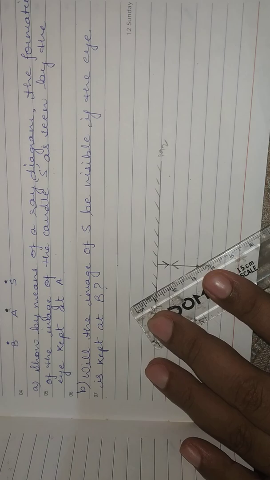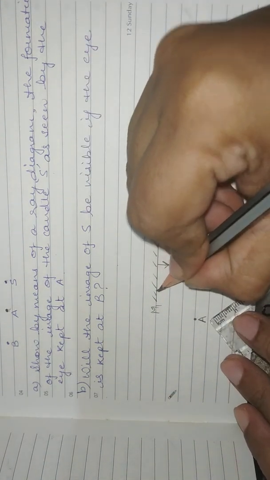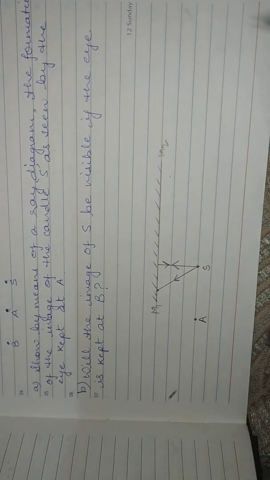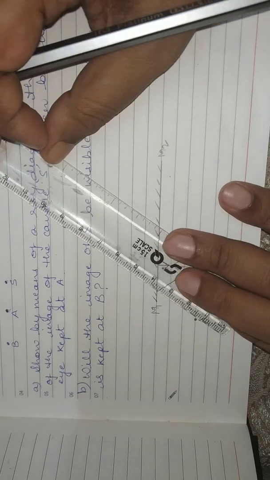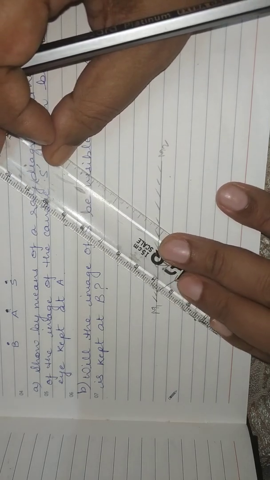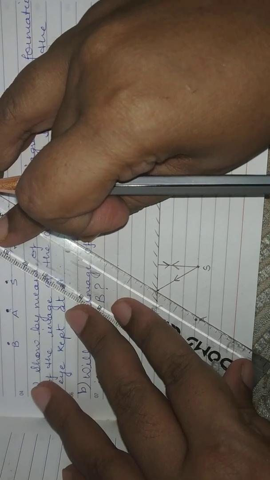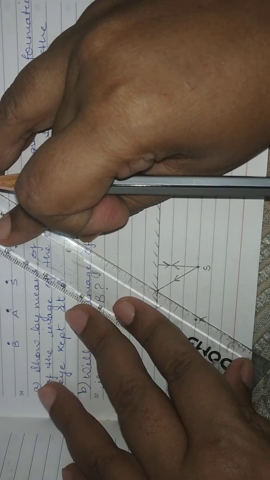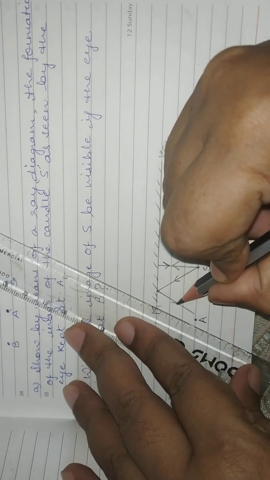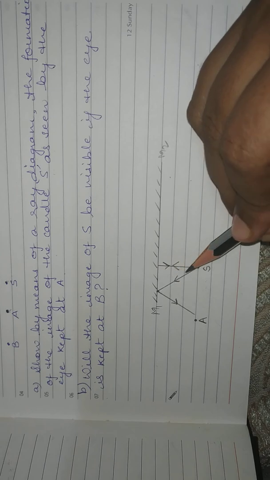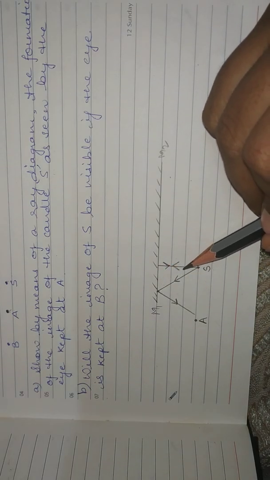So let's say it is striking the mirror at this particular point. So this is the second incident ray, and now let me draw the reflected ray for this incident ray. All the rays follow the laws of reflection.